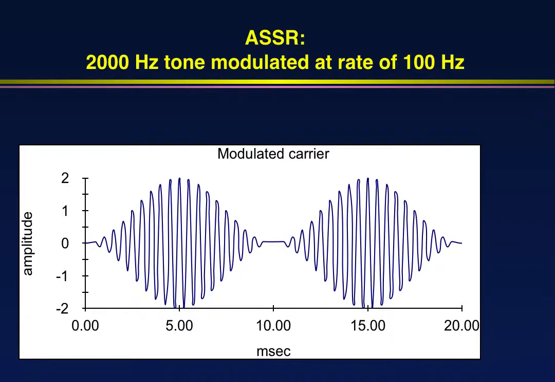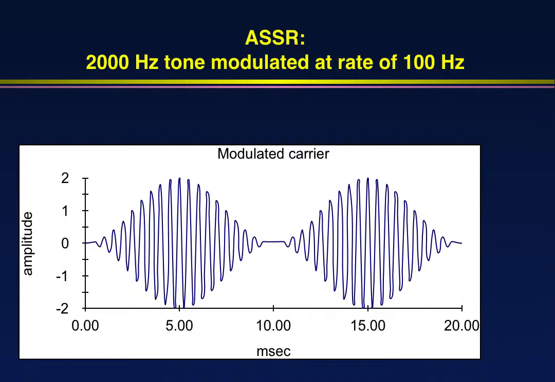Now, there really actually are two strategies for using stimuli for ASSR. The traditional ASSR stimulus is a pure tone, as shown here. This is a 2,000 hertz pure tone, modulated or changed in amplitude at a rate of 100 per second, 100 hertz. That's a traditional stimulus, a pure tone that's modulated in amplitude and sometimes slightly, about 10%, modulated in frequency.